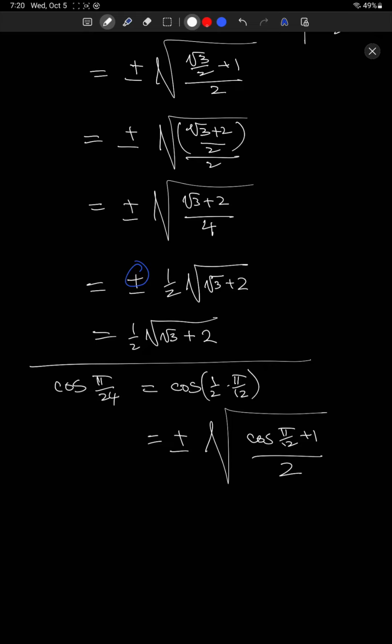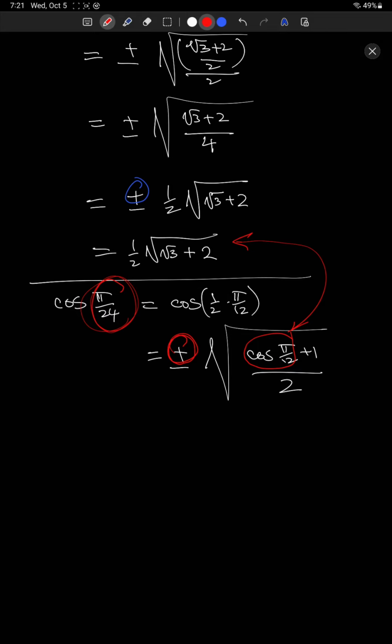And then I know I'm all set because I just calculated cosine pi over 12. And I know this one is also a plus because cosine of pi over 24 should be a positive number. So you can actually use this to get some new values for cosine that perhaps we couldn't have calculated before.